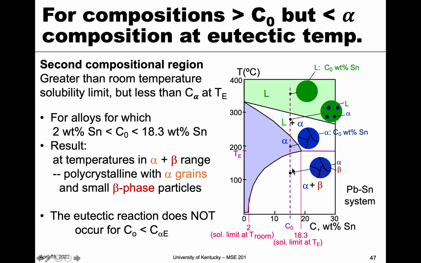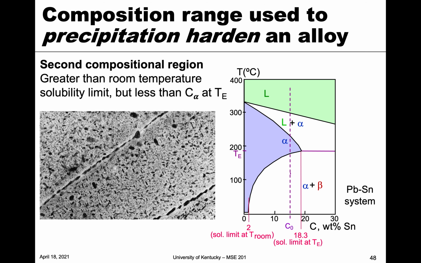And this is an interesting area of the eutectic phase diagram to look at, because this is useful for something that we've already talked about, and that's precipitation hardening. So we specifically talked about precipitation hardening as a way to strengthen alloys. We form secondary particles in this matrix that we saw, and those secondary particles prevent dislocations from moving, or they impede them.